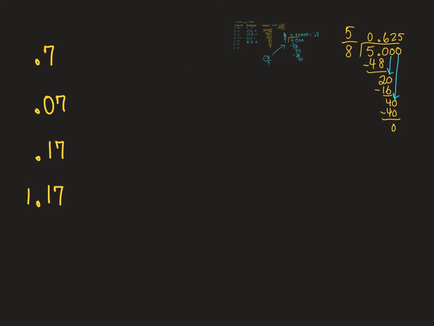All right, now we've got to go the reverse direction and change these decimals back into fractions. So what we want to ask ourselves is how many digits behind the decimal are there? That's going to be the same as the number of zeros on the denominator. So the denominator choices are going to be 10, 100, 1,000, stuff like that.